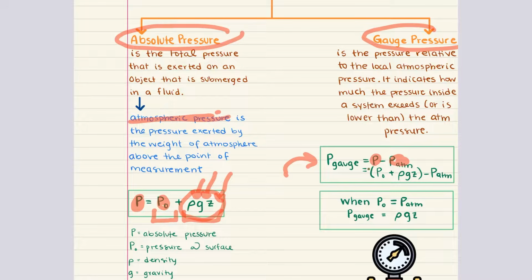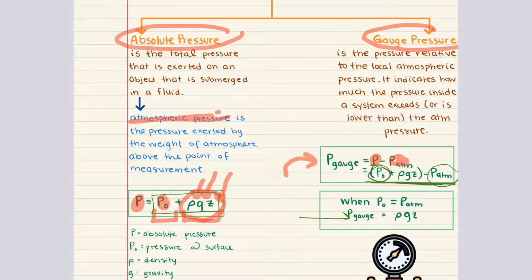Now, if we replace our absolute pressure term with our equation for absolute pressure, we get the following equation. If P naught is equal to the atmospheric pressure, then the equation becomes P gauge is equal to rho multiplied by G multiplied by Z. This tells us that in such cases, the gauge pressure depends solely on the density of the fluid, the acceleration due to gravity, and the depth of the object in the fluid.